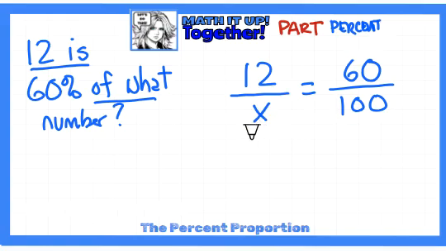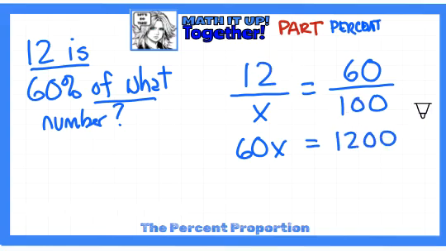And let's go ahead and use our cross multiplication with our proportion. And that becomes 1200. And I would divide both sides by 60. And again, 60 over 60, anything over itself equals a 1. And 1 times x is just x.